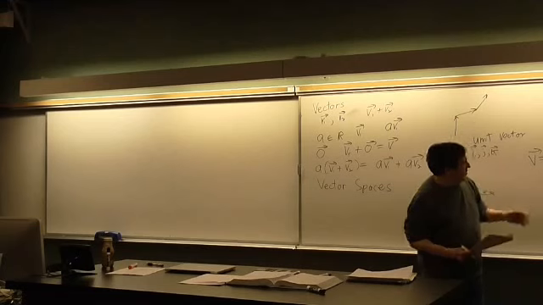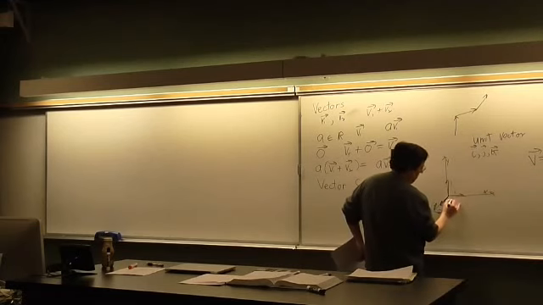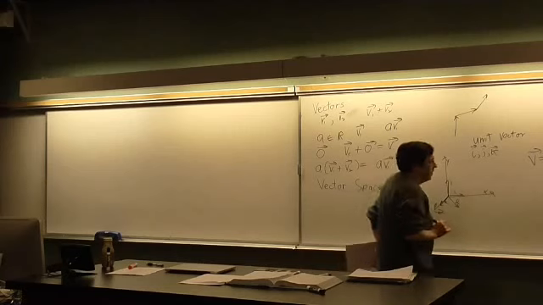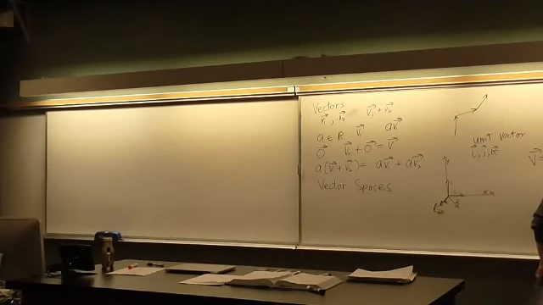In other words, if I invent some other vector here, we'll call it l, and I plug it in here, l is not part of the basis, because it's redundant. You don't need it to make every vector.